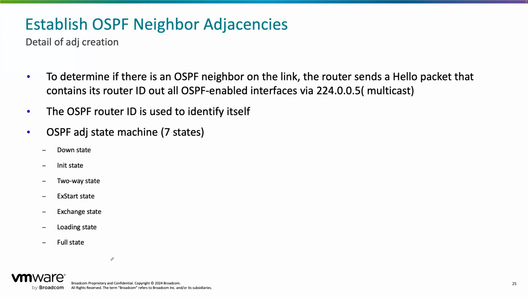These seven states have a state machine and transition criteria. If you want to go deeper, you can see some of the books.